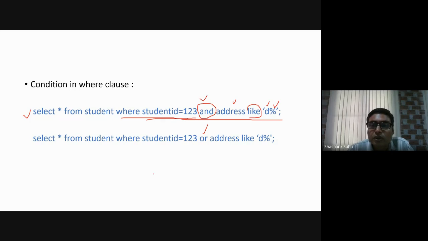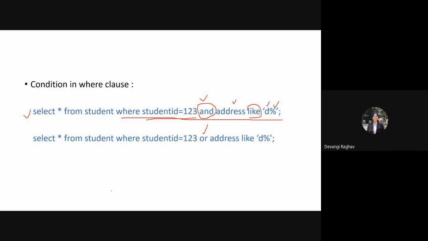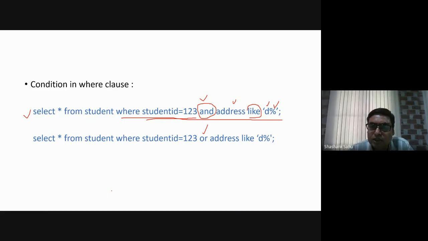Yes, good. Can we have more than two conditions? I am just asking, can we add some more conditions here? Like we have student ID 123 and address like percentage D, then we can have name equal to Amit. Is it possible?